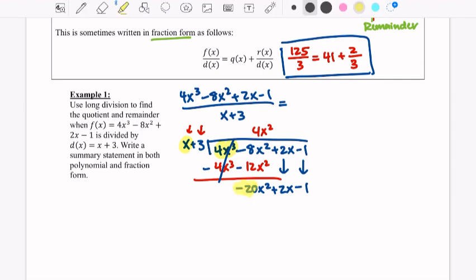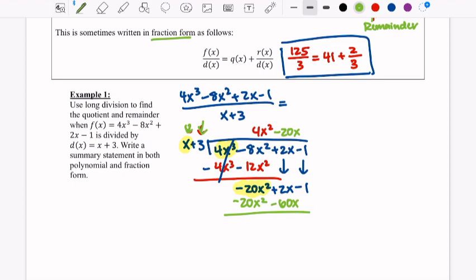So I'm going to look at my negative 20x squared and think, what do I need to multiply my x by to get negative 20x squared? Well, I need to multiply that by negative 20x. And so now I'm going to multiply my x and my 3 by that term. So I'll have negative 20x squared, and then multiplying 3 by negative 20x will give me negative 60x.